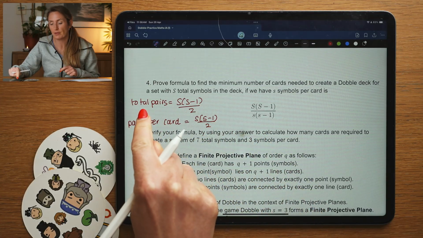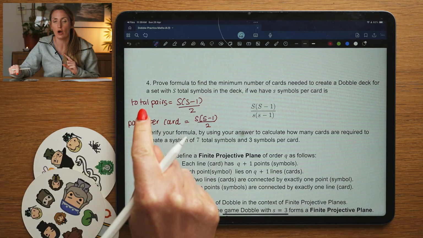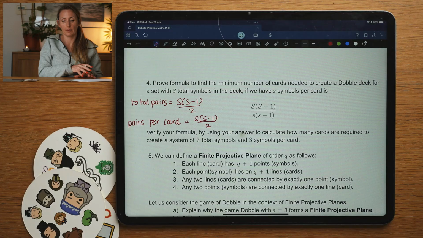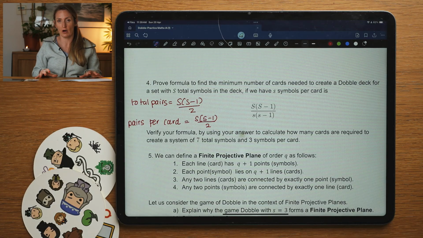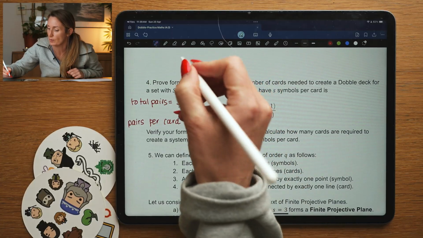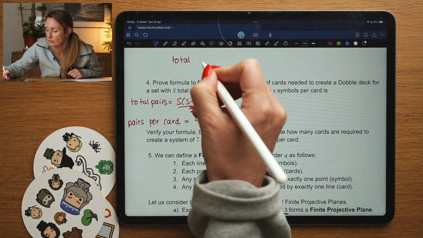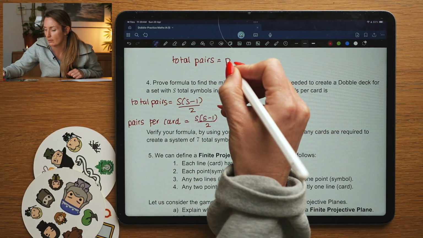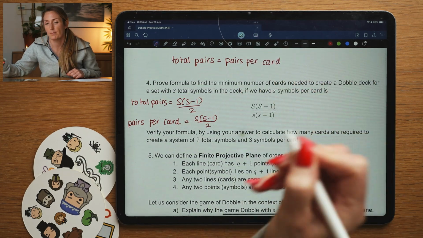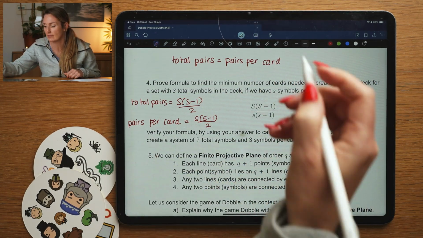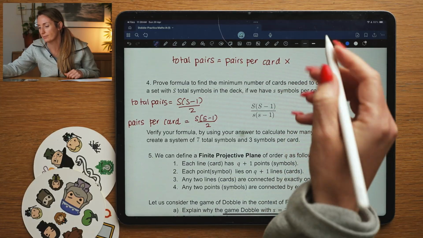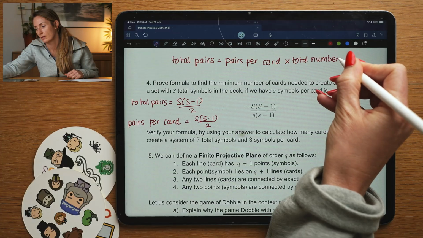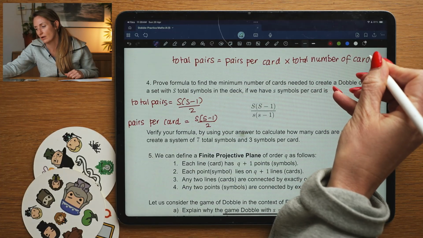We know that each of the pairs appears exactly once and only once throughout the deck, and we know that no pairs are shared between cards. Okay, so in this system we can write an expression saying the total pairs is equal to the pairs per card. The pairs per card is a constant, it doesn't change from deck to deck, okay, times the total number of cards.